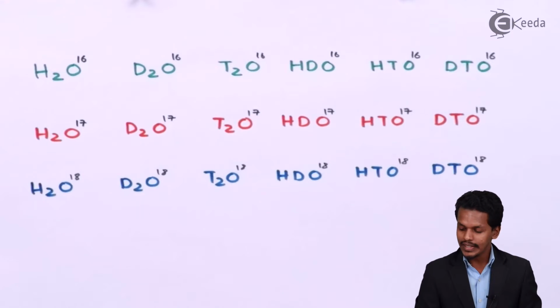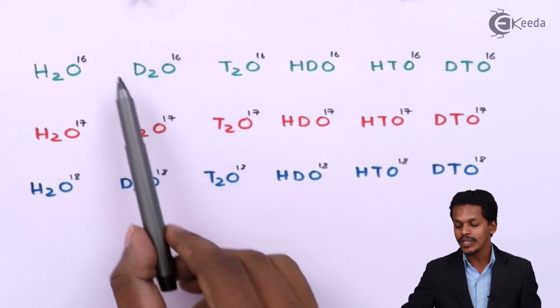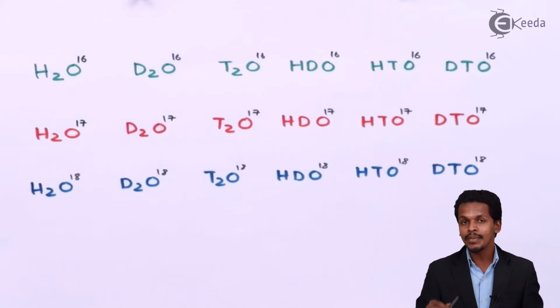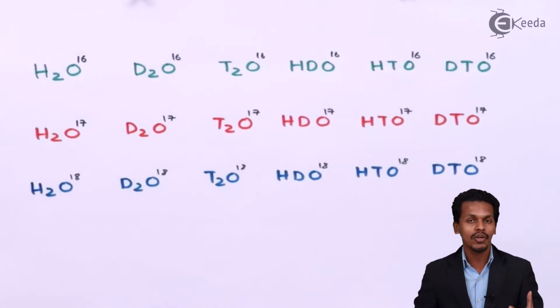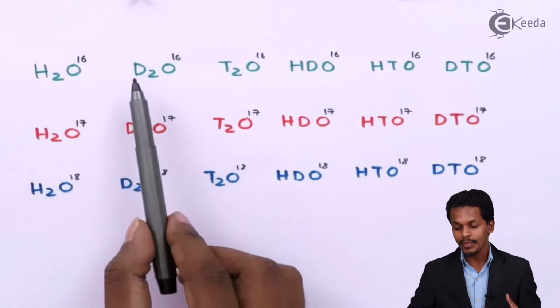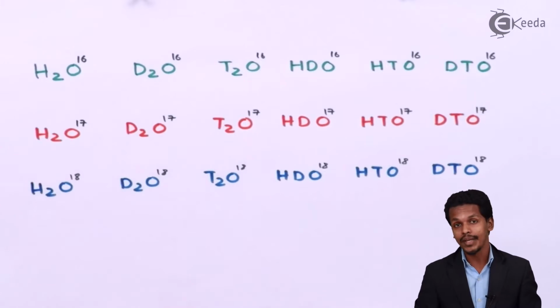But now let me talk about the other things also, that is, what is heavy water. As I have discussed earlier, D2O is known as heavy water. The reason behind that is, the atomic mass number of hydrogen is 1, but the atomic mass number of deuterium is found to be 2.